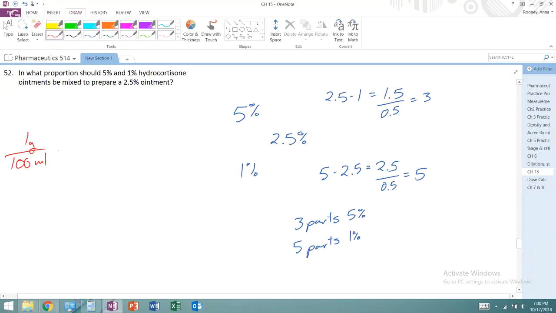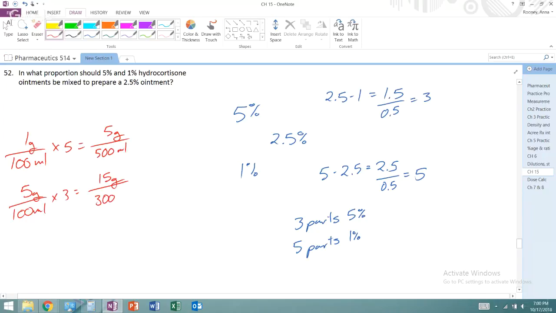So we're going to do the 5 parts of the 1%, and then 3 parts of the 5%.